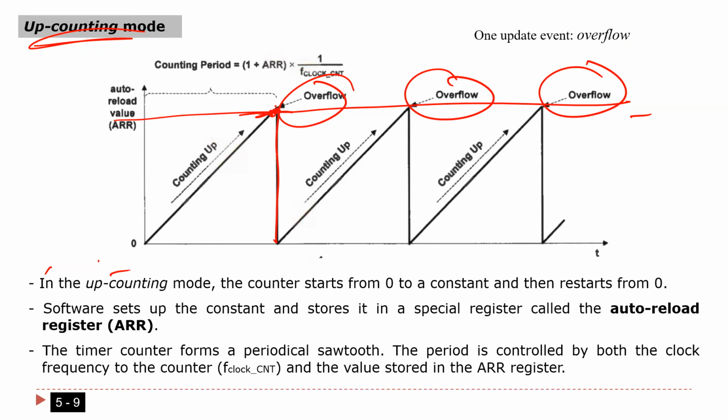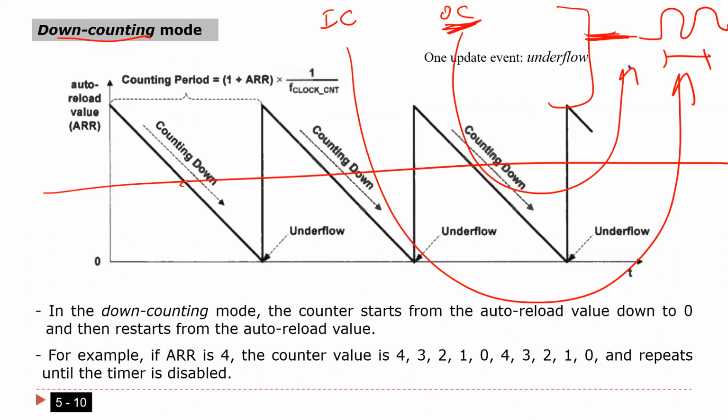Or another interrupt can come from the output compare, when CCR is equal to the count at this moment here. Is that okay? How can you use them? I'm going to explain to you how you can use them. But for now, you should understand an interrupt can happen because of overflow. Also, an interrupt can happen because CCR is equal to CNT. Is that okay?